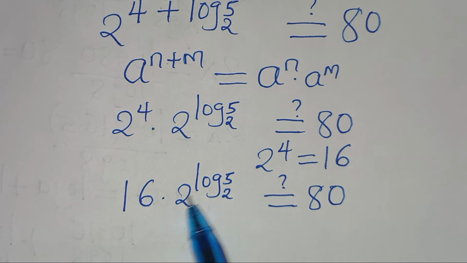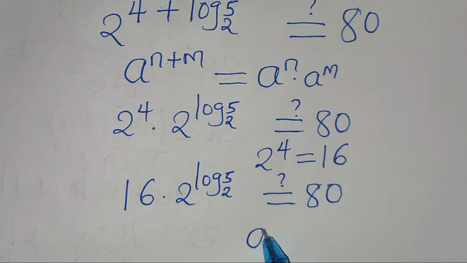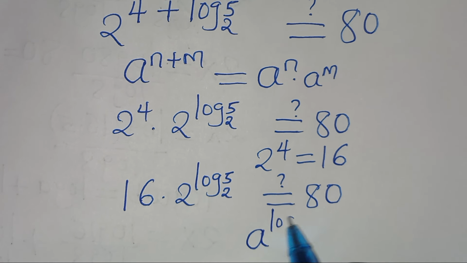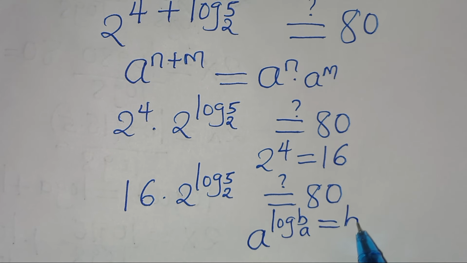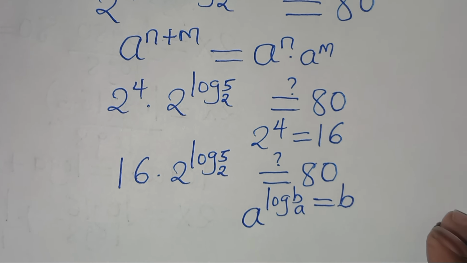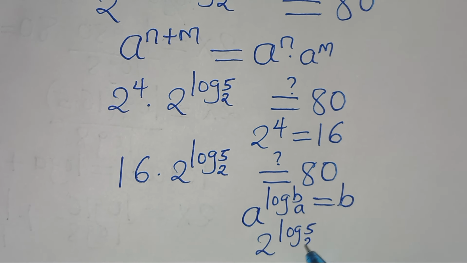So we have 2 to the power of log 5 to base 2. This is in the form of a to the power of log b to base a. This is supposed to give us a value of b. So 2 to the power of log 5 to base 2 is equal to 5.